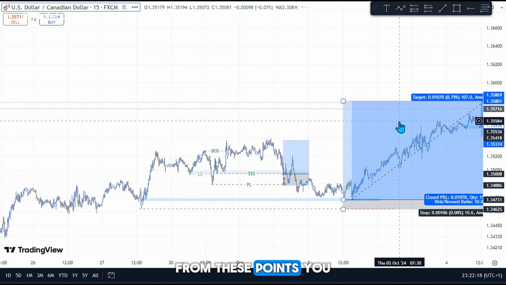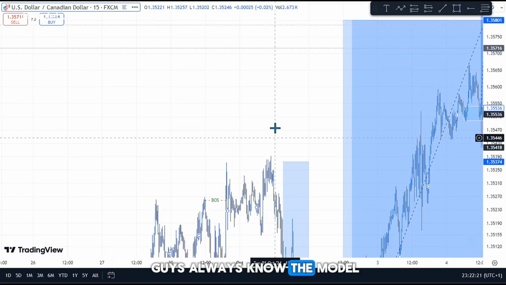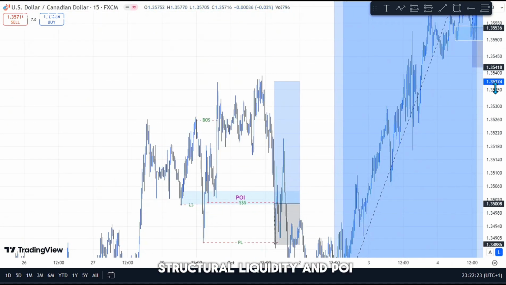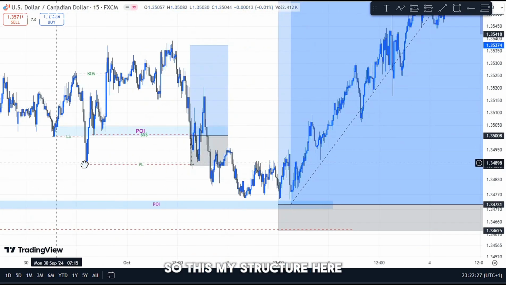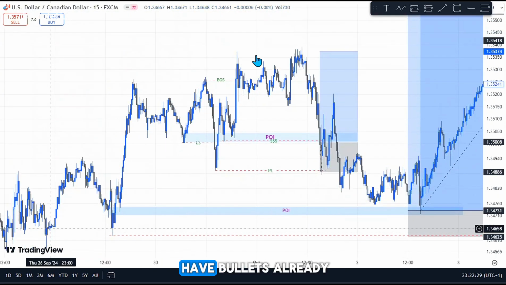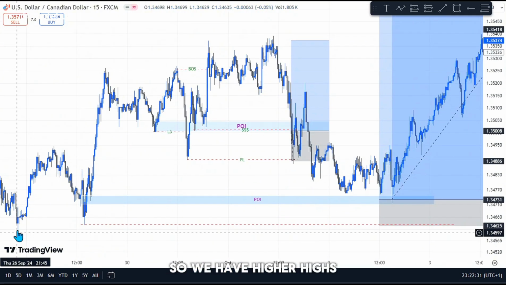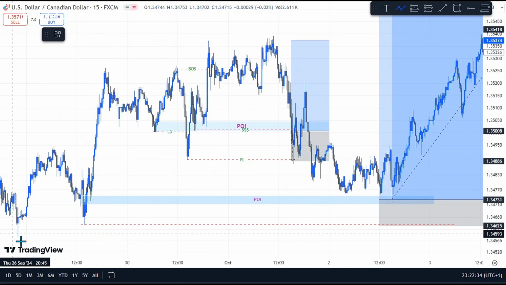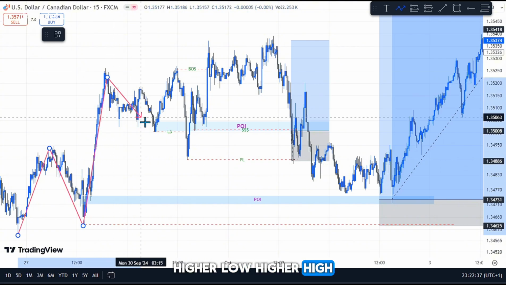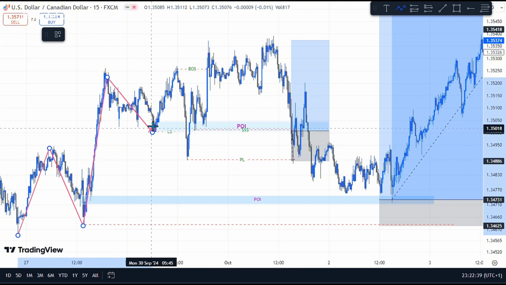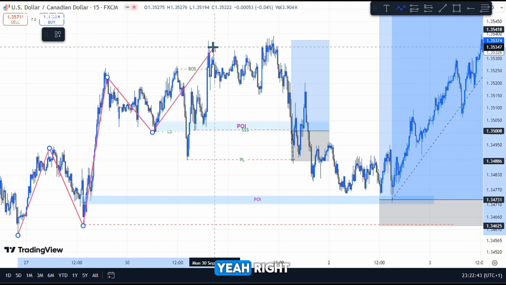From this point, you guys always know the model I always talk about: structure, liquidity and POI. So this is my structure here, right? I know we're bullish already, so we have higher highs, higher lows, higher high, higher low, higher high, higher low. This is the next higher high here, right?